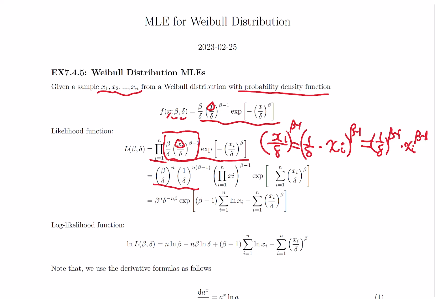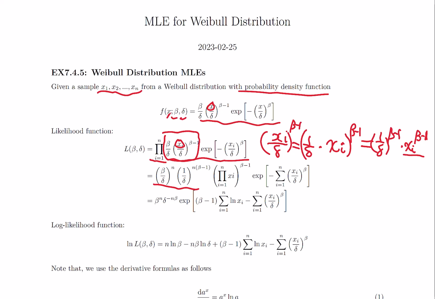That's why we end up with the exponential of the summation of those exponent terms. And the only thing left inside this multiplication sign is xi to the power beta minus 1, right here, this term. And then of course, we could take this whole thing and raise it to the power beta minus 1.